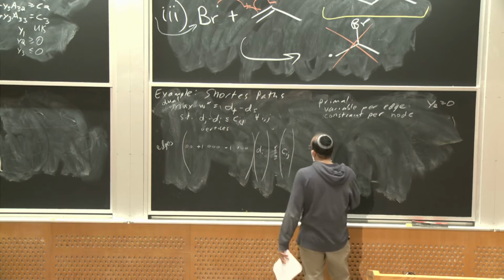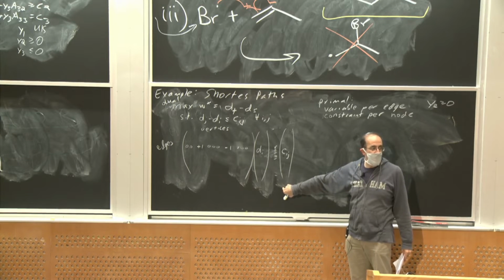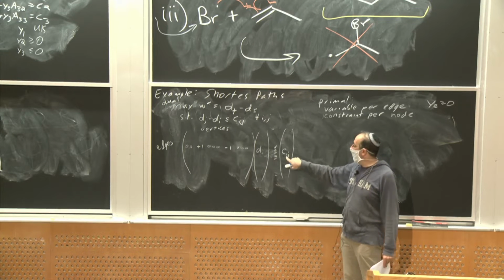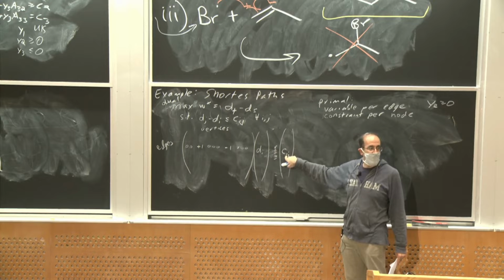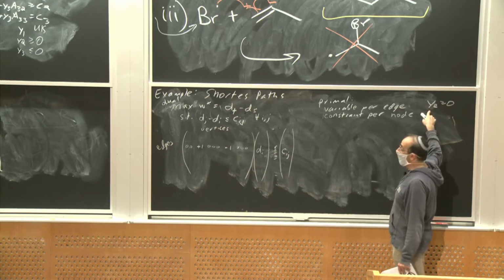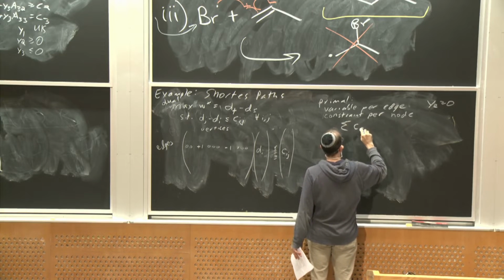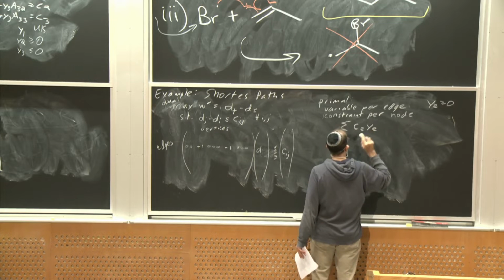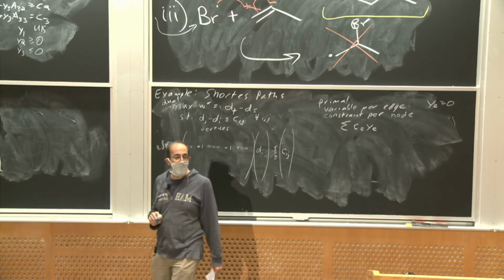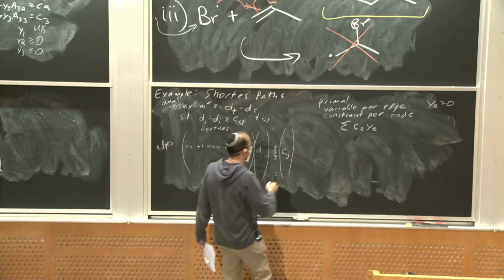So you can read off the objective function in the primal just by looking down the bounds in the dual, and each of these coefficients multiplies the corresponding variable in the primal now. So our objective function is just a sum of c_e times y_e, right? Now, is it a minimization or a maximization? It's a minimization because the dual was a maximization, right?